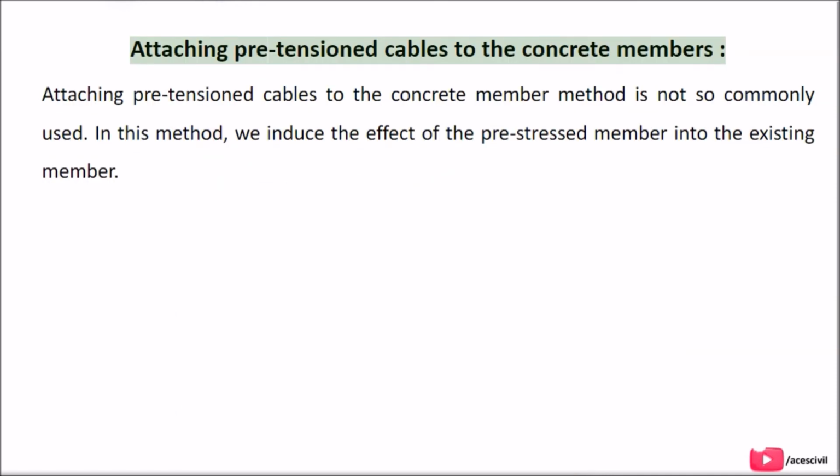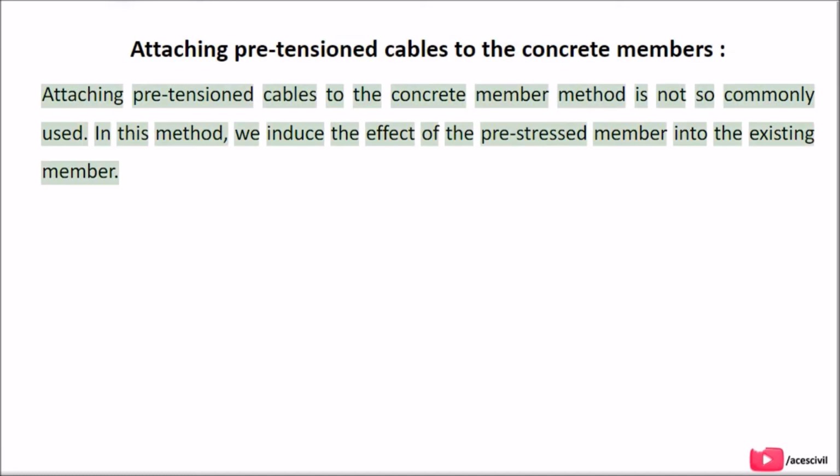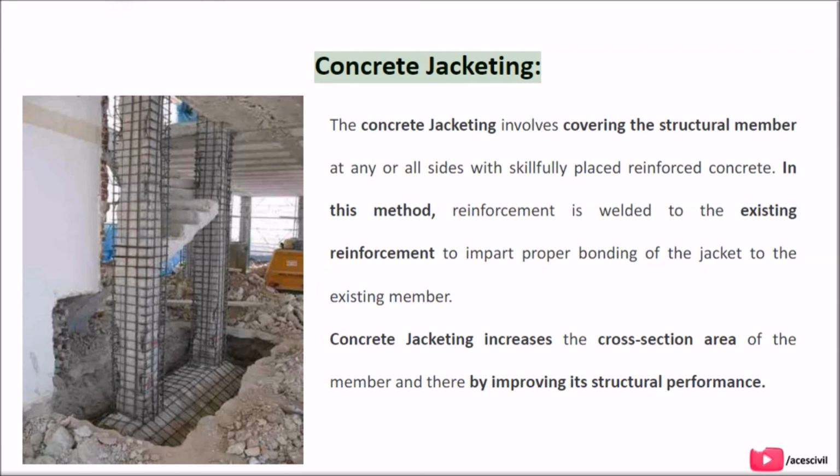Attaching pre-tensioned cables to the concrete members. This method is not so commonly used. In this method, we induce the effect of a pre-stressed member into the existing member. Concrete jacketing.